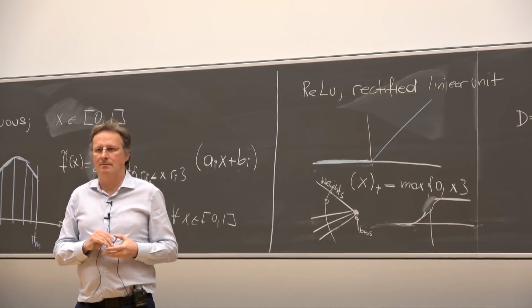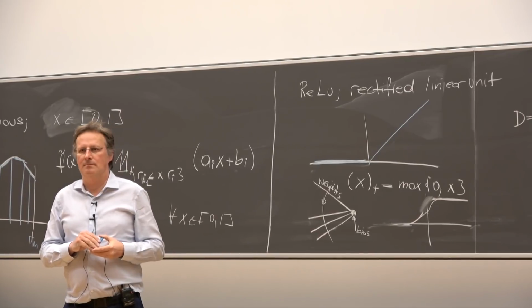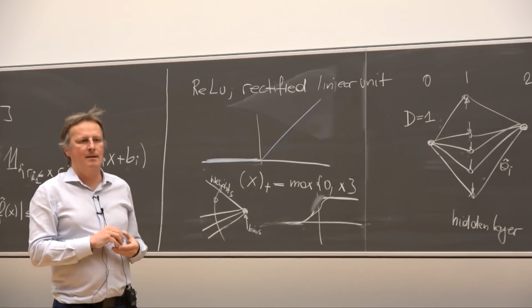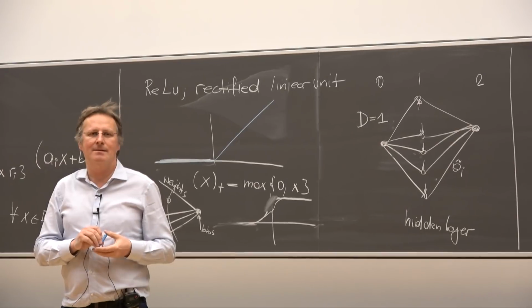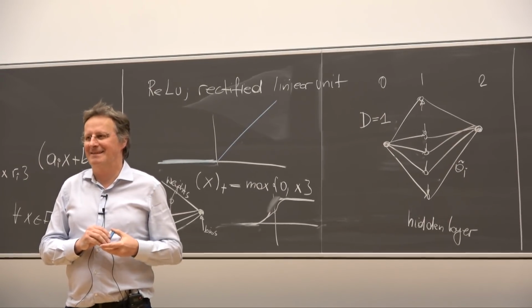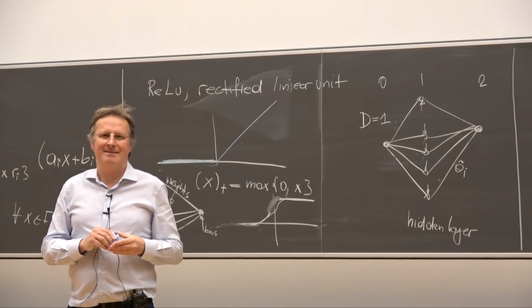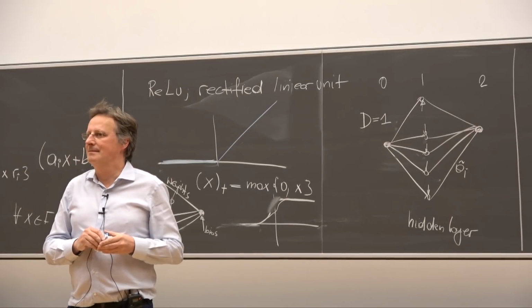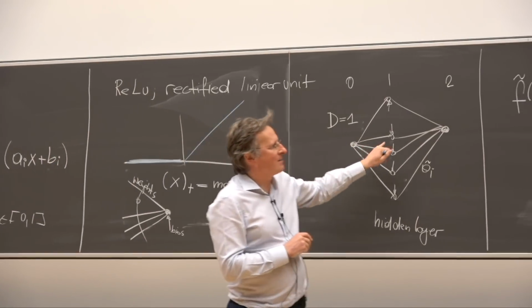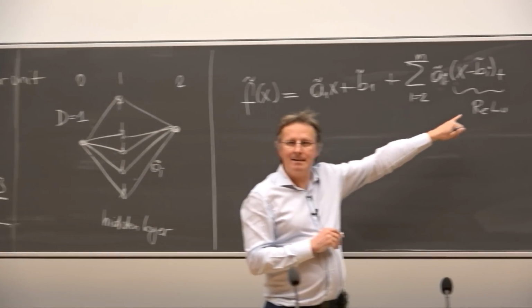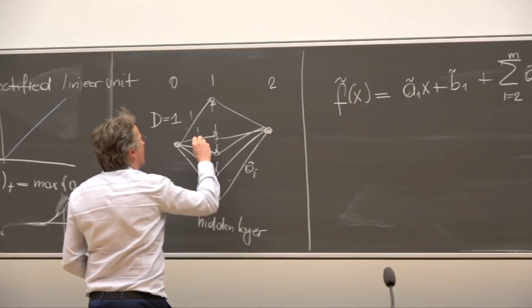Where do they sit? They're suggestively named bi tilde, so they're obviously the bias terms. So we have just the x. All the weights here are trivially just 1.